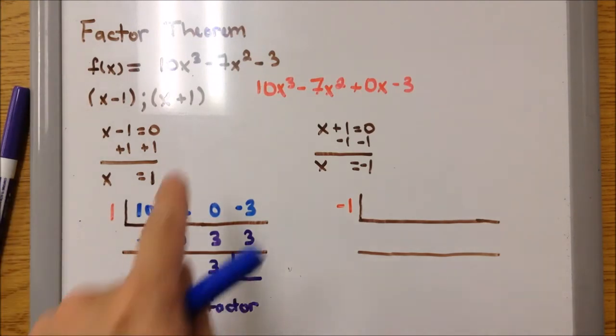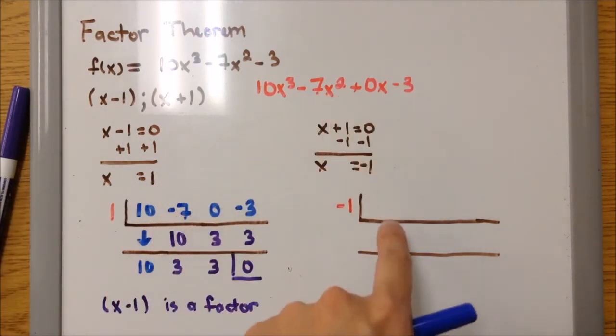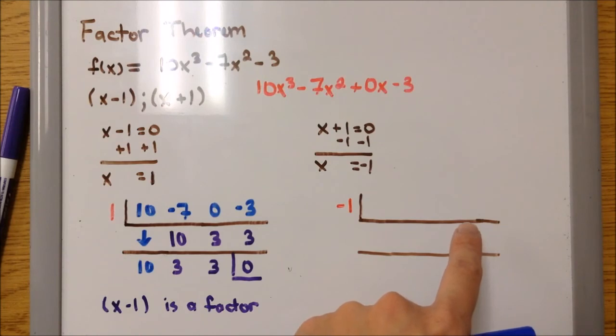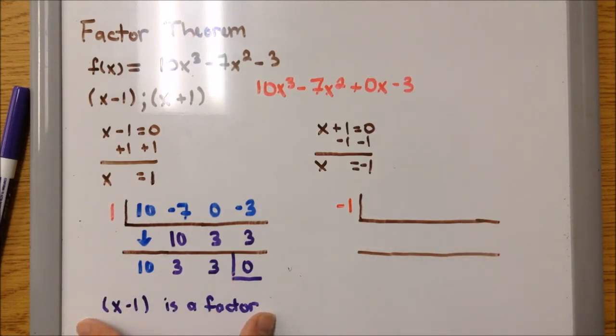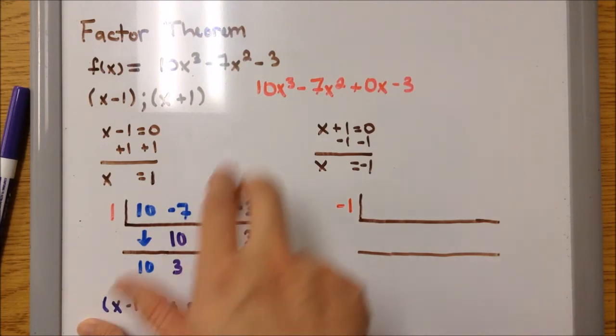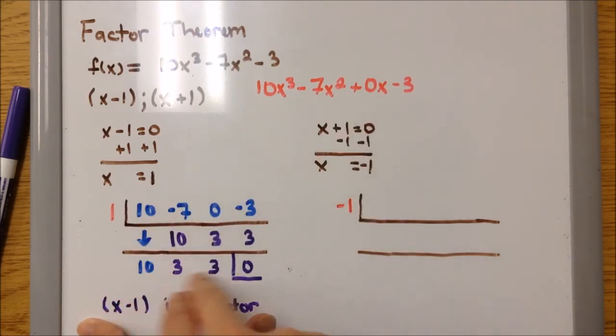Now, you could use these numbers over here, but you might do one more step. Since x minus 1 is a factor, you could use these numbers instead. But the condition is, if the one you tested out was indeed a factor, you can use it.